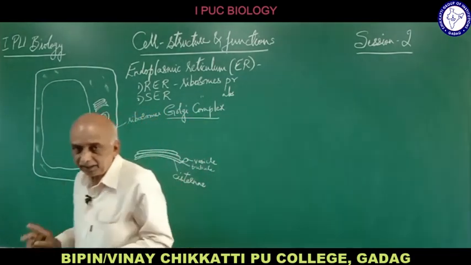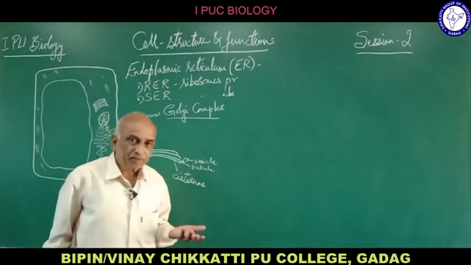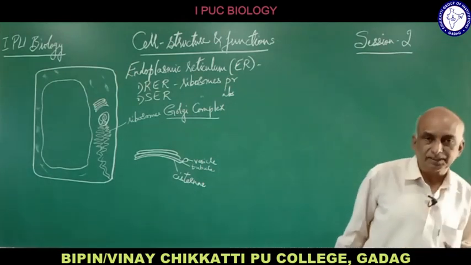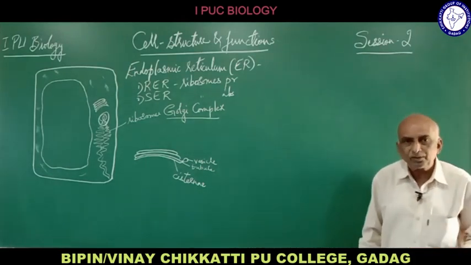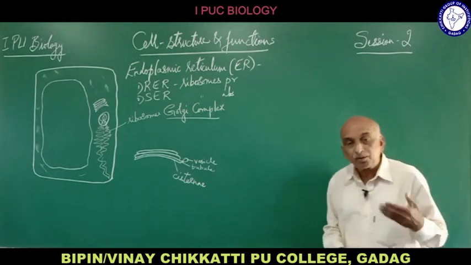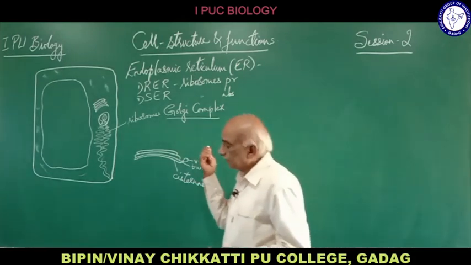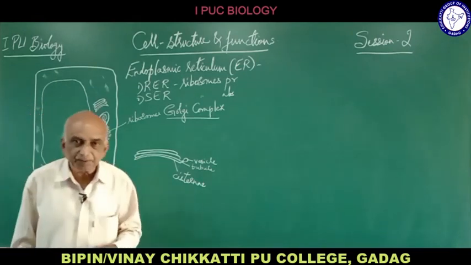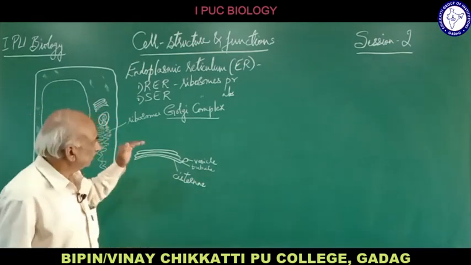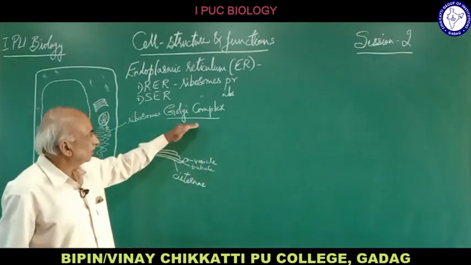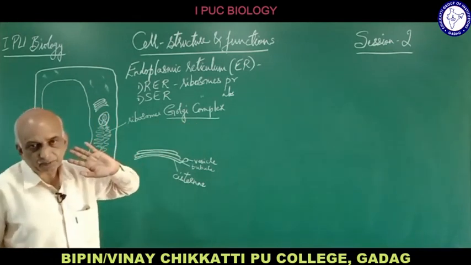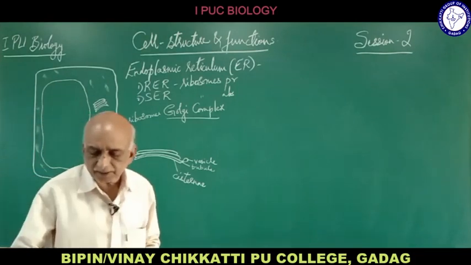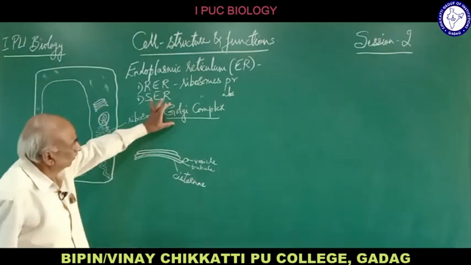The Golgi gives rise to the acrosome, which is essential during fertilization. If there is no acrosome, fertilization will not be successful. That is why the Golgi complex helps in the formation of the acrosome. So that is about the function of the Golgi complex.